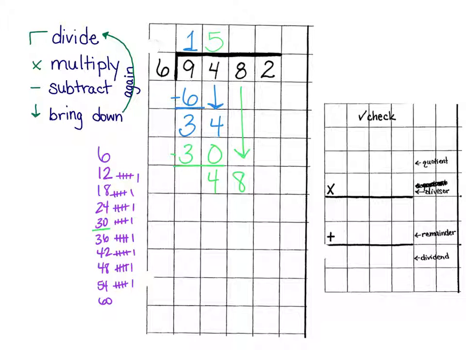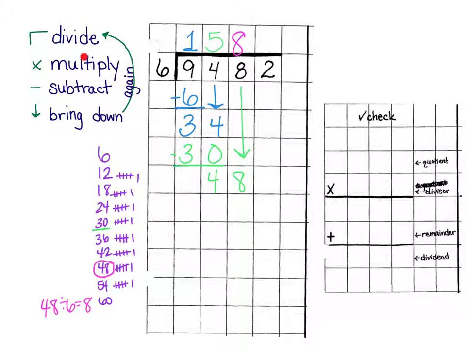All right, in our list here, where is 48? Here it is. It's an exact number. So 48 is how many groups? 1, 2, 3, 4, 5, 6, 7, 8 groups. So 48 divided by 6 equals 8. So 8 goes up here. Now, time to check our answer.